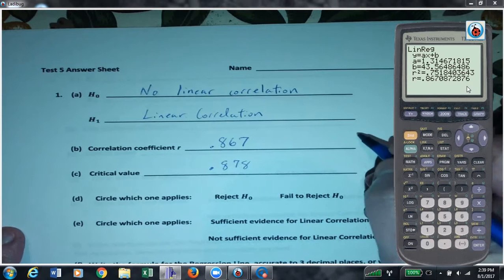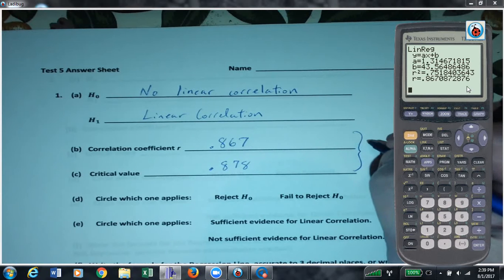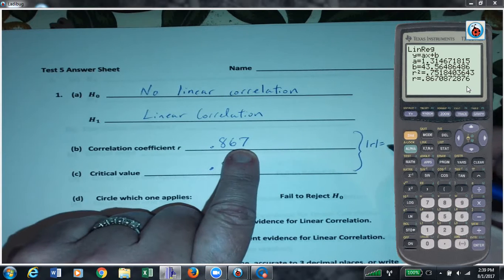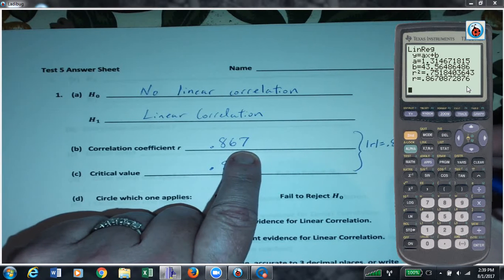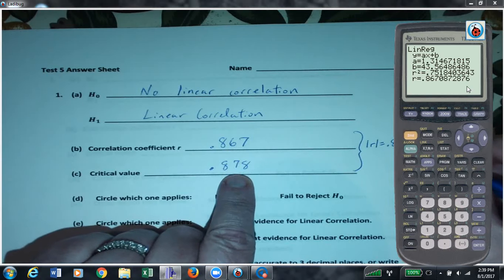Now, what we have from this is that the absolute value of R, well, since it's a positive number, it's going to be the same, is actually less than the critical value.